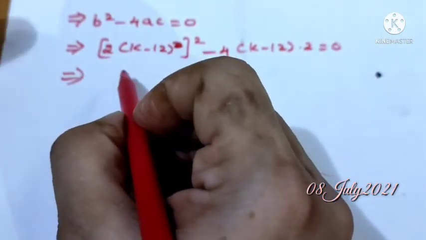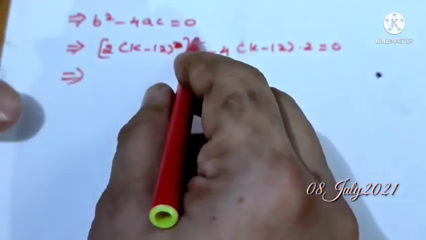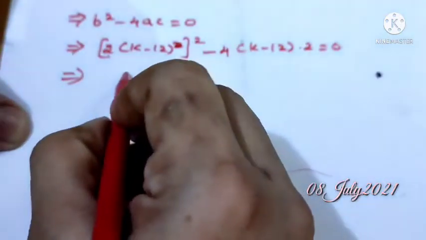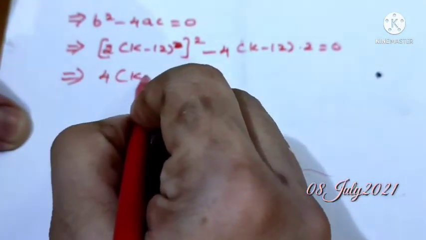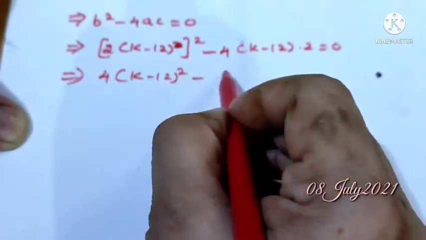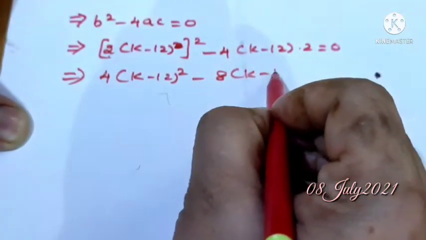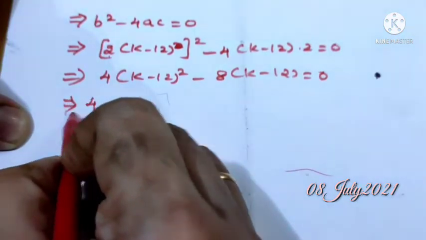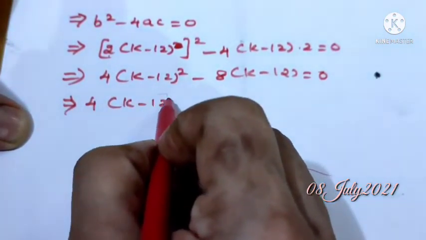So 2 into (k minus 12) whole square means it is 2 square and (k minus 12) whole square, that means 4 into (k minus 12) whole square minus 8 into (k minus 12) equal to 0. So I am taking 4 into (k minus 12) as common.